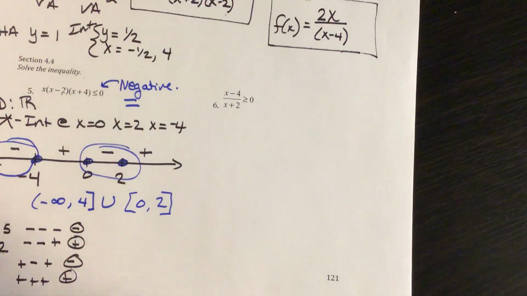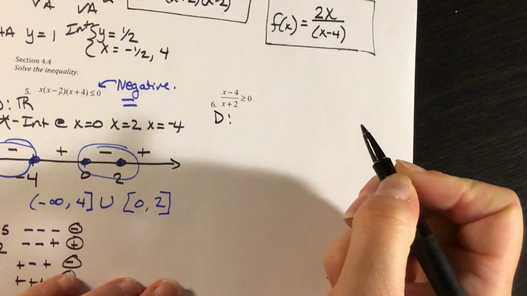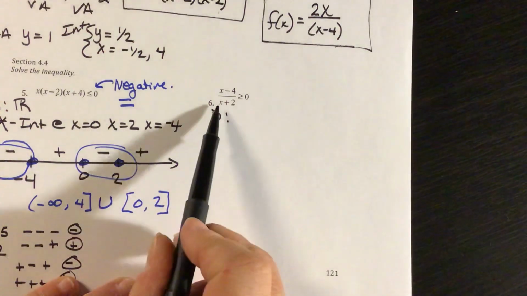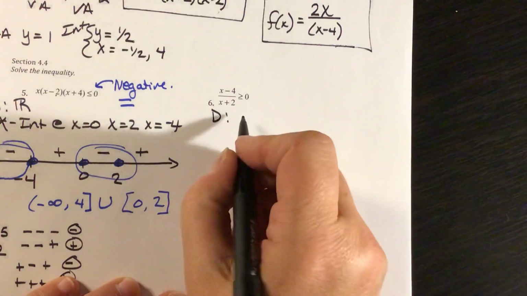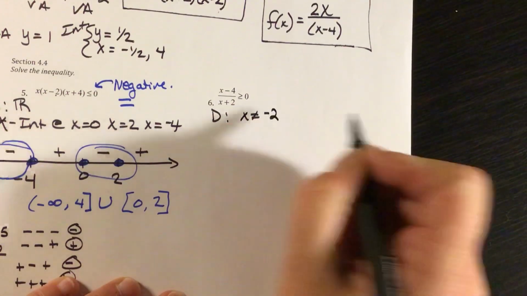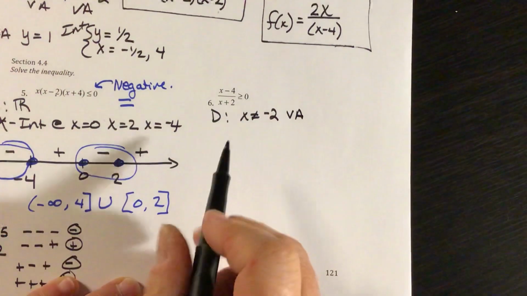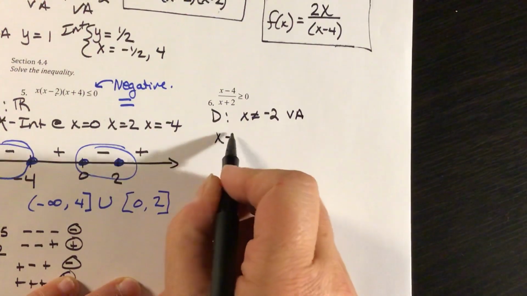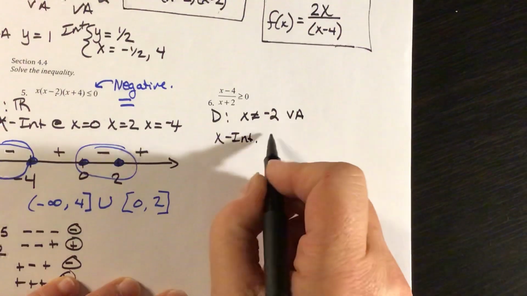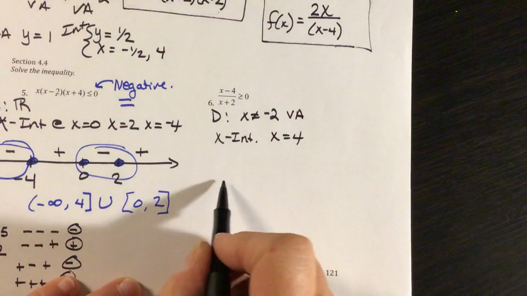Last one. First thing, I'm looking for my domain, and in my domain I have all numbers except for x equals -2. X cannot equal -2. That would be a vertical asymptote. I have an x-intercept at x equals 4. And that's all I have.